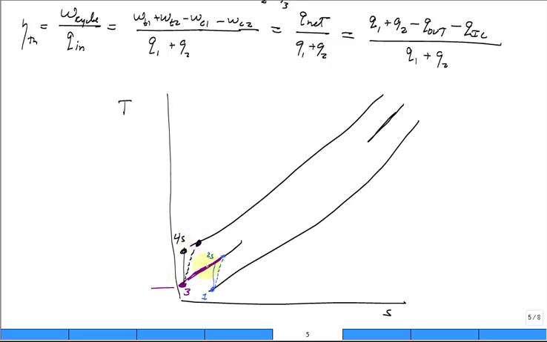Now it goes into the regenerator. I'm just going to throw the temperature coming out of the regenerator somewhere up there, state 5. Then it goes all the way up to the maximum temperature, which is the temperature coming out of the burner, state 6, first burner.